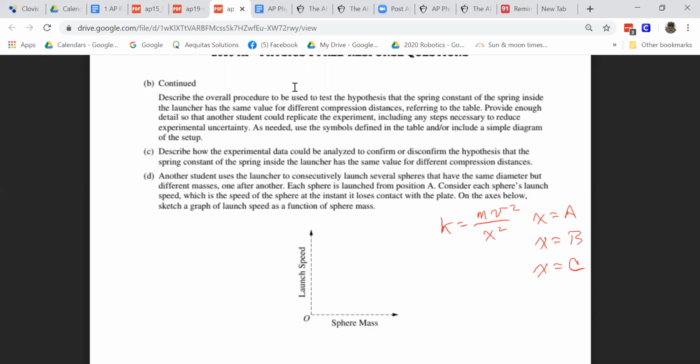Or you could graph K as a function of x, and then you could put A, B, and C, whatever those distances are, and plot what K is. Now it should be a horizontal line, right? If K is the same no matter what x is, then that's one way you could do that.